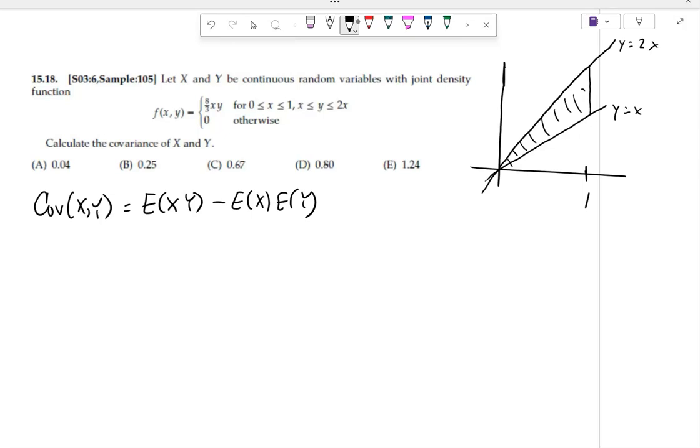Now, in every single example that we've done so far, it's asked us to calculate each of the marginals, and then asked us for the means, right?